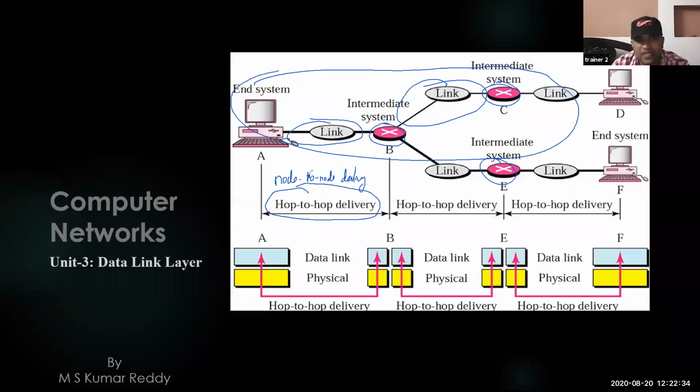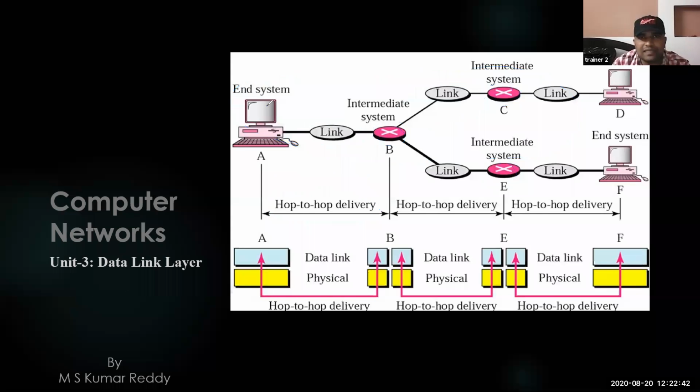The first thing is he will take care of hop to hop delivery. That means when this end system sends something intended for, let's say, A to D, the information starts from A and needs to go. Here the data link layer will not worry about whether the information has reached the end or not. What it worries about is whether the information is properly delivered to the data link layer in B or not.